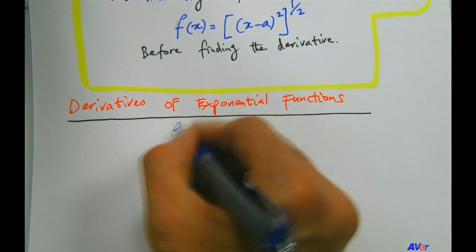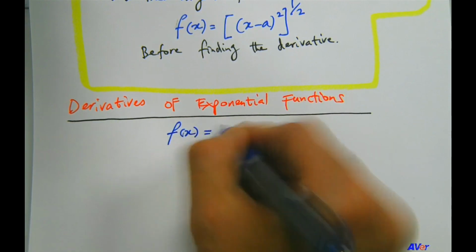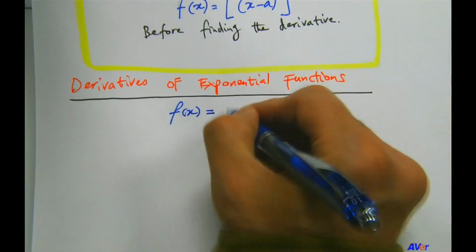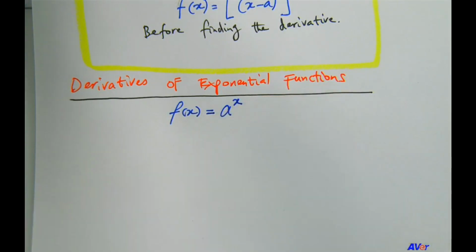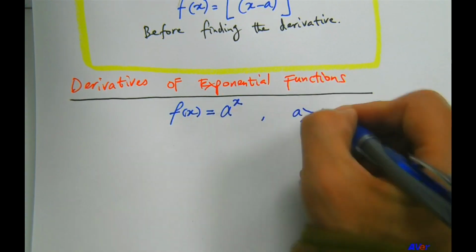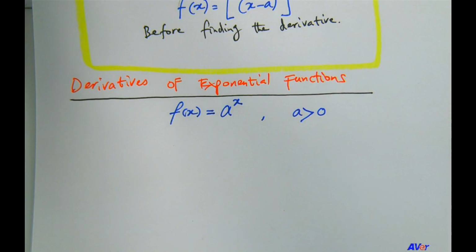Suppose we start with a function like this. Let's take a basic exponential function, some base to some power x, knowing that a, the base, must be some non-zero positive value.